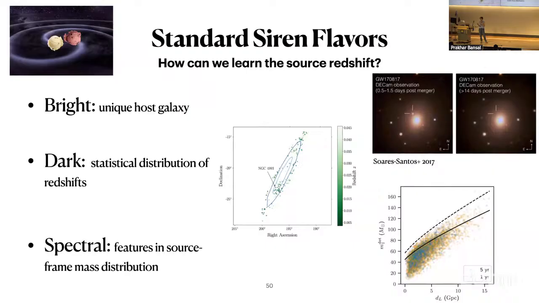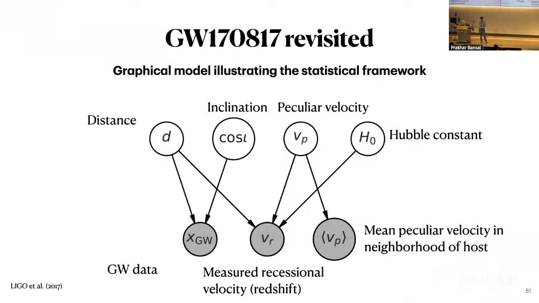That's when we use features in the source frame mass distribution to directly, in a gravitational wave only way, break the degeneracy between mass and redshift. So we use the redshifted mass versus distance to infer the source frame mass and the cosmology simultaneously.